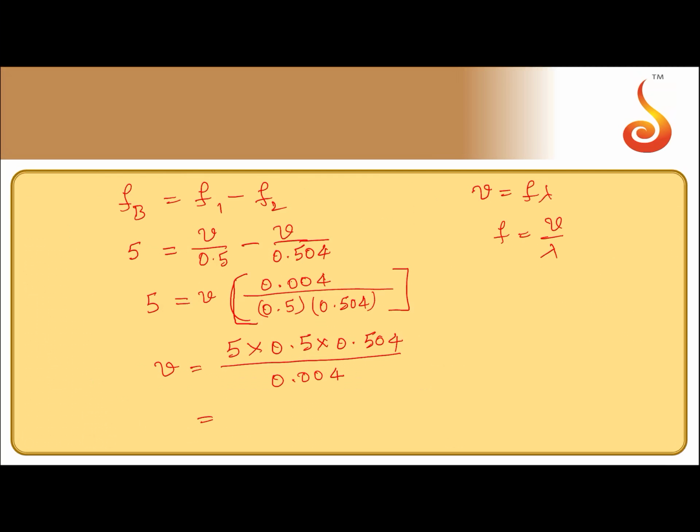So what do you get? Let us calculate this. 5 into 0.504 into 0.5 divided by 0.004 gives you 315. This is the speed of sound in air.